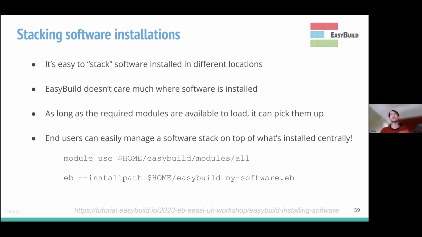So if you're managing an HPC system, you typically have an installation prefix that is writable only to you and not to your users. However, if your users want to install additional software, they can just build on top of what you have in their own home directory. And as long as that local directory is also on their module path, EasyBuild will find all of the software and the dependencies it needs in that path as well.